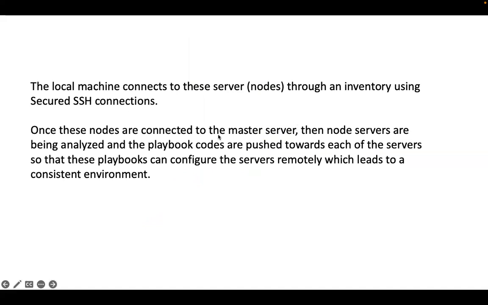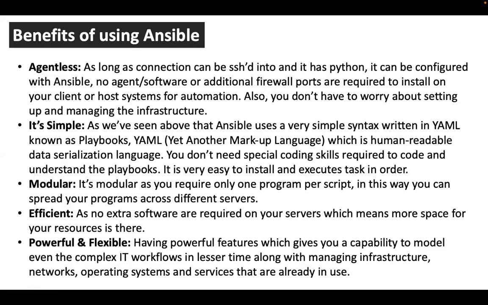Once the nodes are connected, the nodes are analyzed and the playbook code is pushed to each server so that the playbooks can configure the servers remotely, which leads to a consistent environment. So there is very little chance, you cannot say little, you will not get human errors or any kind of bugs there, right? Because everything, whatever is written in the setups, will come out accurate, in a consistent environment.